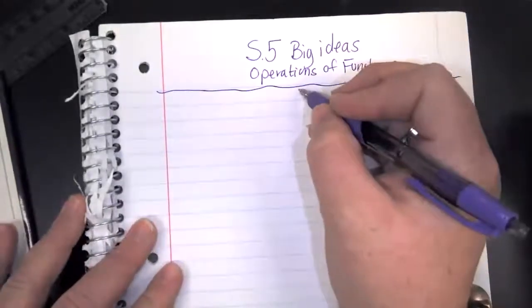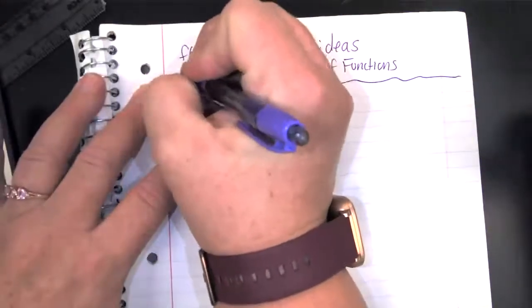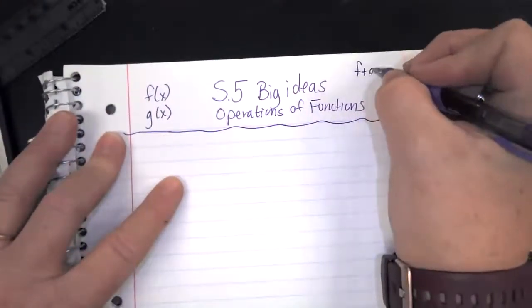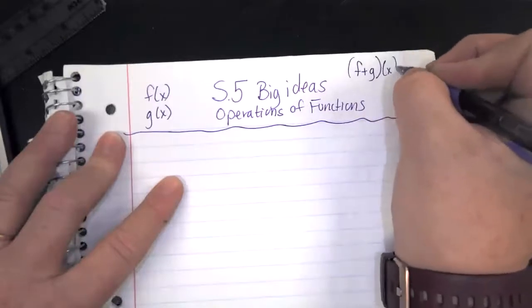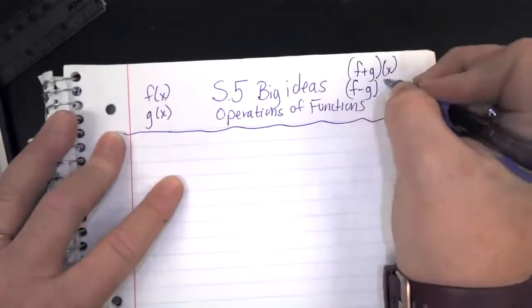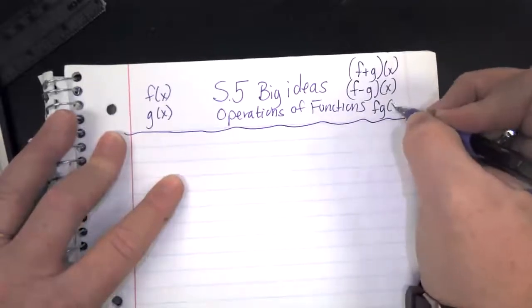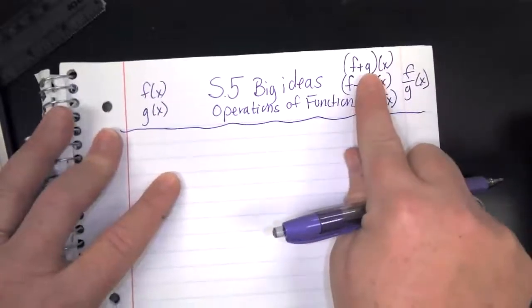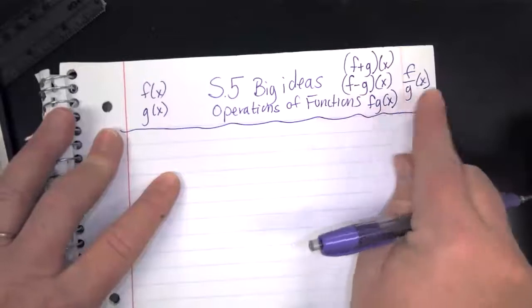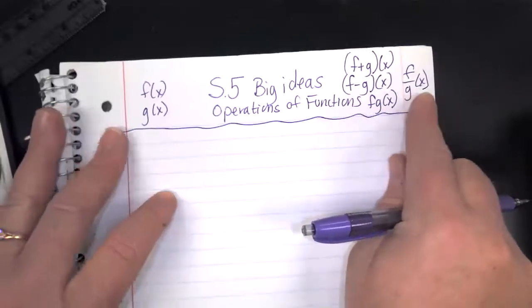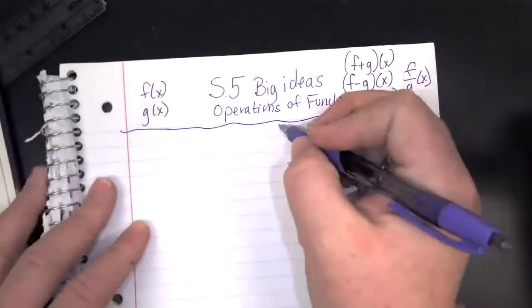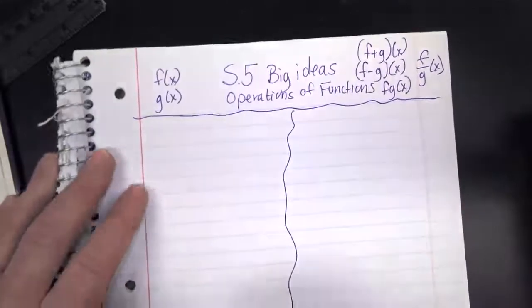So with functions, of course, we have f of x and g of x, and we're going to do things like f plus g of x, f minus g of x, f times g of x, f over g of x, which means just add them, subtract them, multiply them, and divide them, and then we'll throw a number in there while we're at it. Okay? So let's just get started.